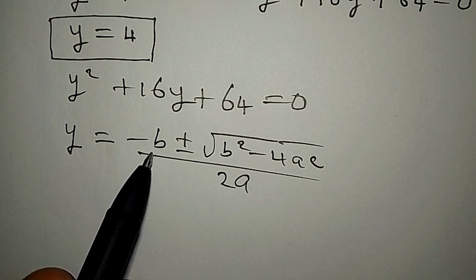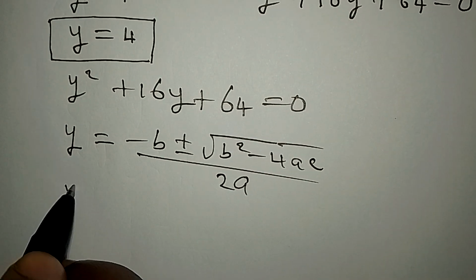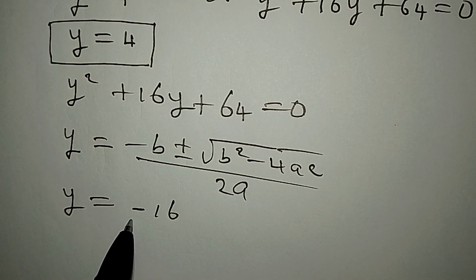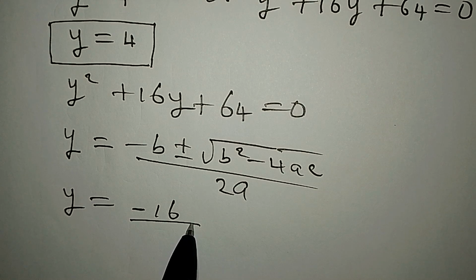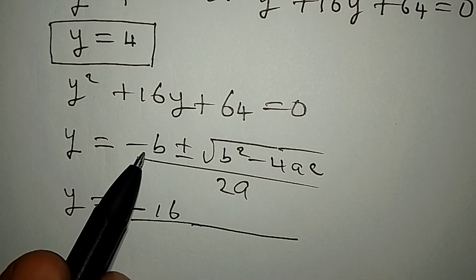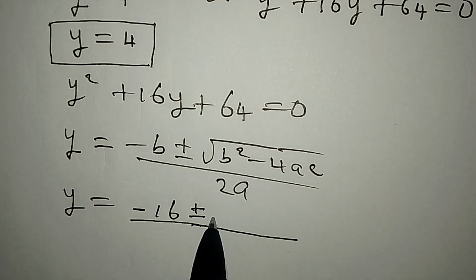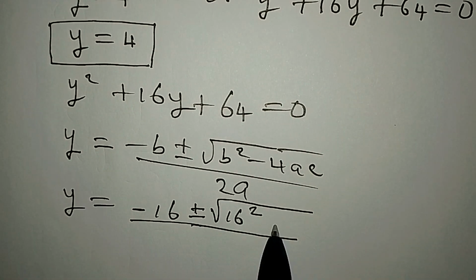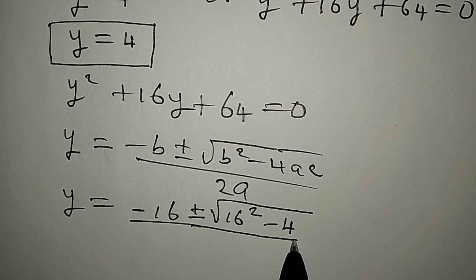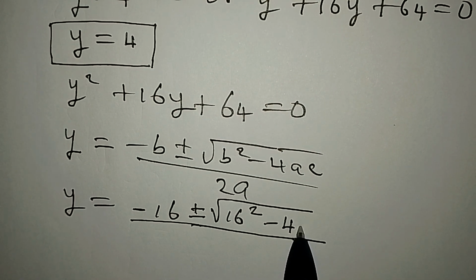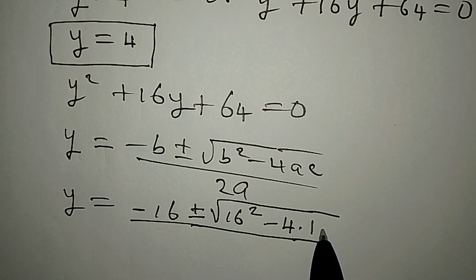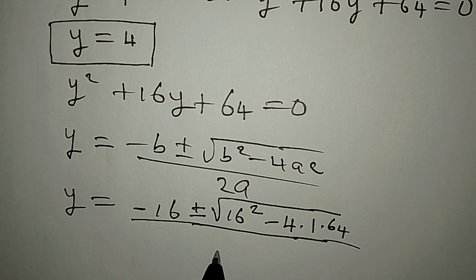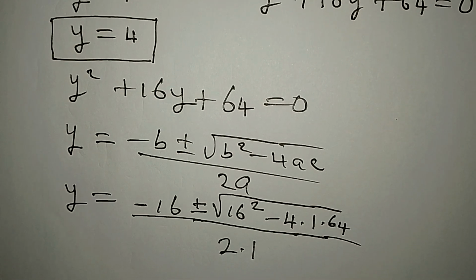Now from here, our b is 16, so y will be equal to negative 16 plus or minus the square root of 16 squared, because b is still 16, minus 4 multiplied by a, which is 1, multiplied by c, which is 64. So the whole of this will be over 2 times 1, because a is 1.